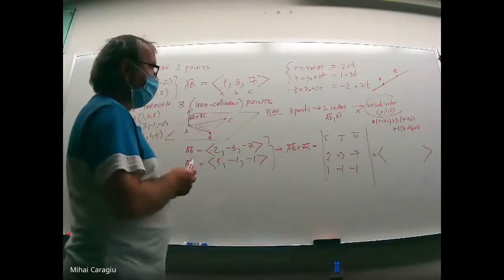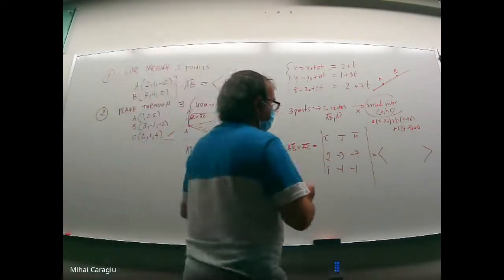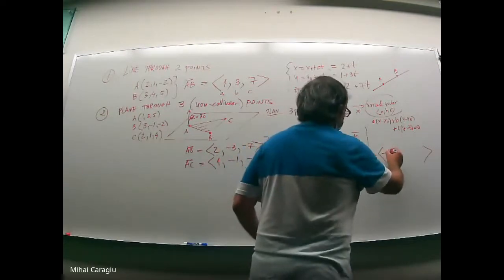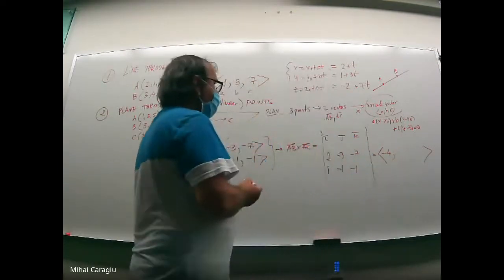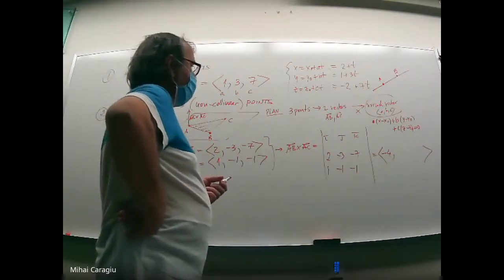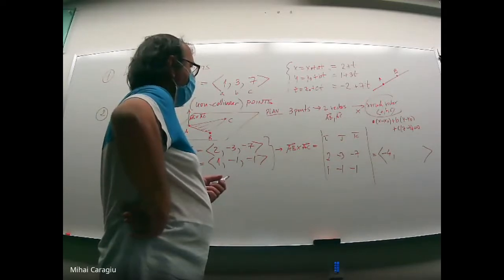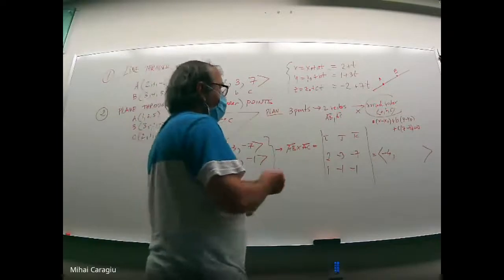Removing the i column, I get 3 minus 7, which will be -4. For j, it is -(-2 plus 7), which will be 5, but because of the position sign it's -5.